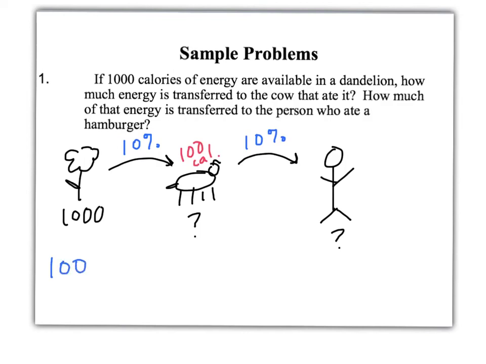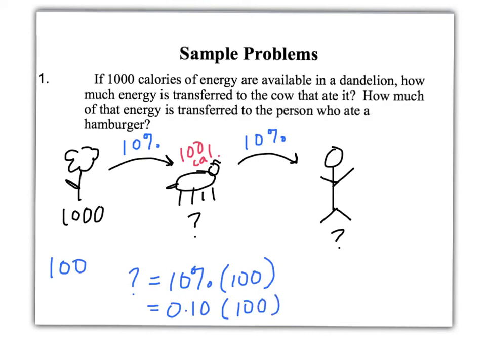We need to know what is 10% of 100. And again, solve that by 0.10 times 100. You can put it in your calculator or just move the decimal one place, and we get 10 calories.